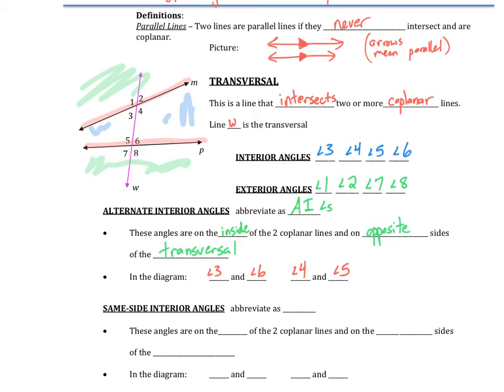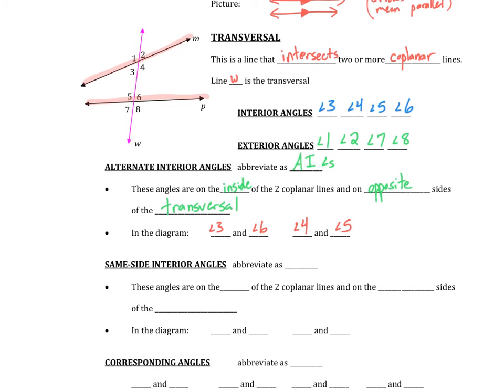I'm going to clean this up a little bit just so that it's easier to see when we go forward. Okay. Same side interior angles are angles that are on the same side of the transversal and are inside. We can abbreviate these as SSI angles, same side interior angles. These angles are inside the two coplanar lines and on the same side of the transversal.